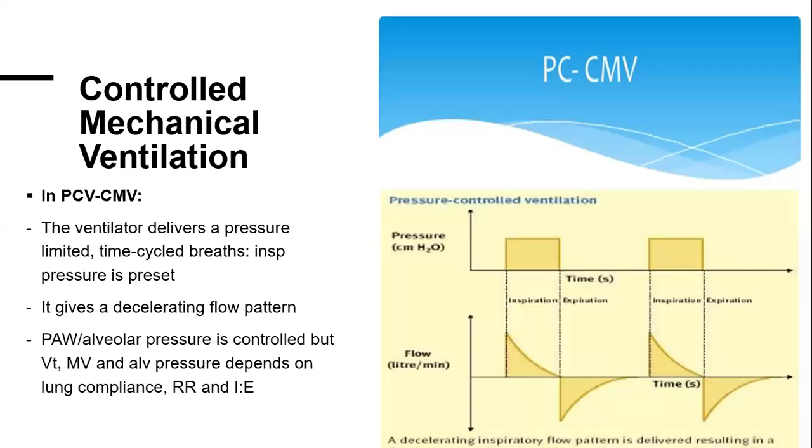Do you understand the point I'm making? In pressure control CMV mode, the total breath being delivered to the patient is all ventilator generated, so there is no pressure being generated by the respiratory muscles of this patient.